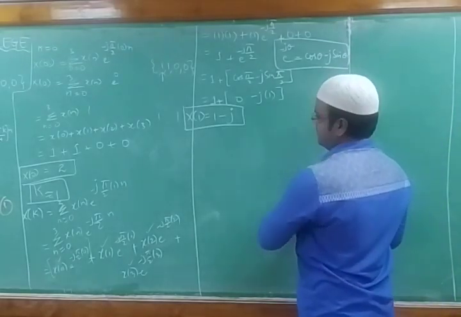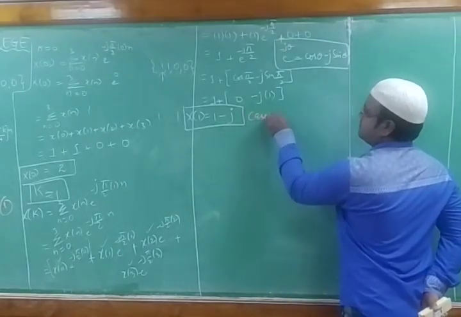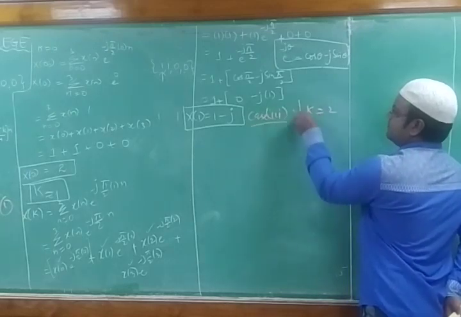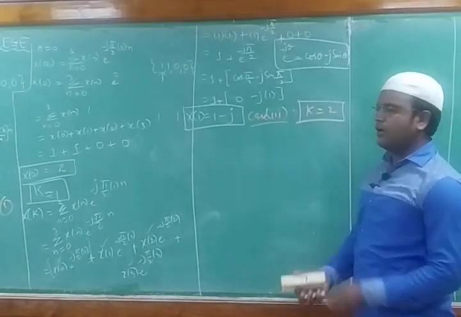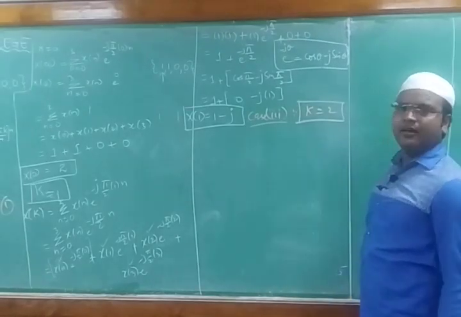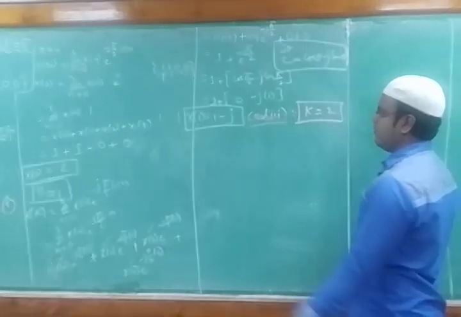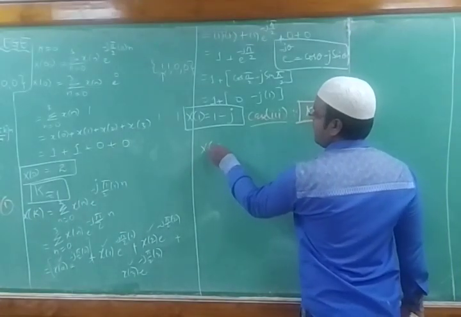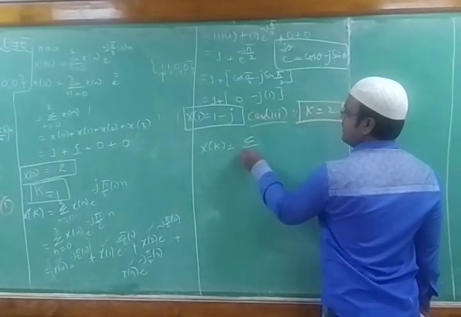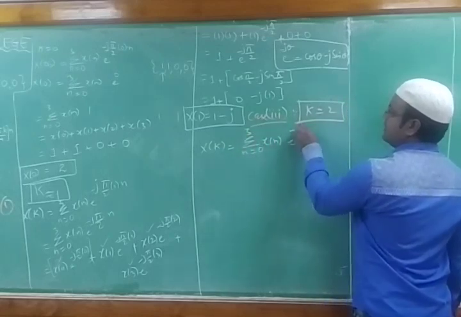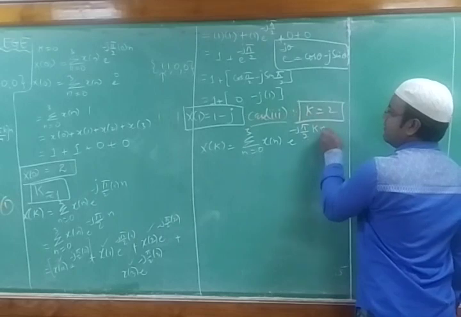Case 3: k is equal to 2. So this I do have. So what will I do? Whatever the value of k is there, I need to put that k value as 2. So what is the k value I do have? X of k. X of k is equal to summation n is equal to 0 to 3 x of n e power minus j pi by 2 into kn.